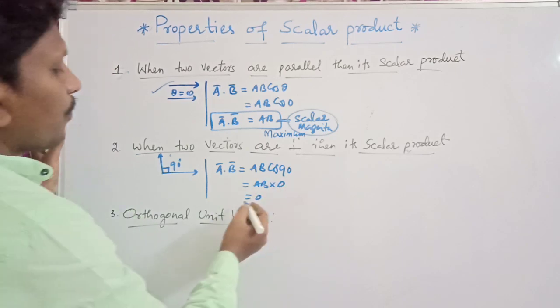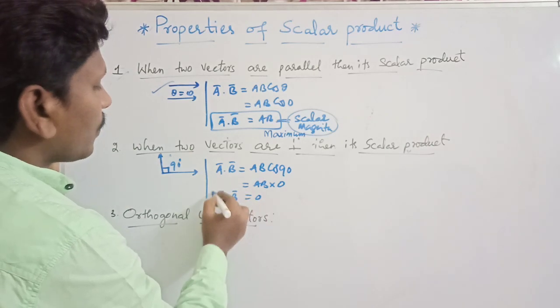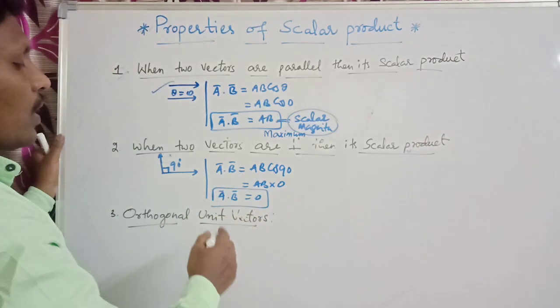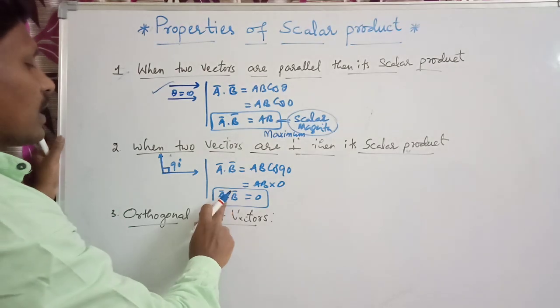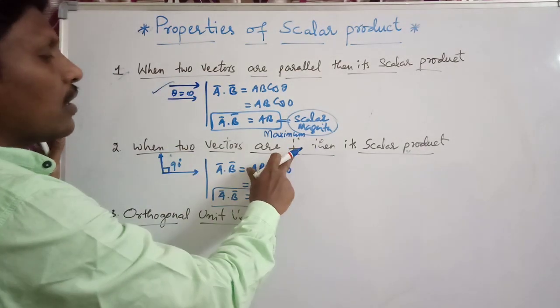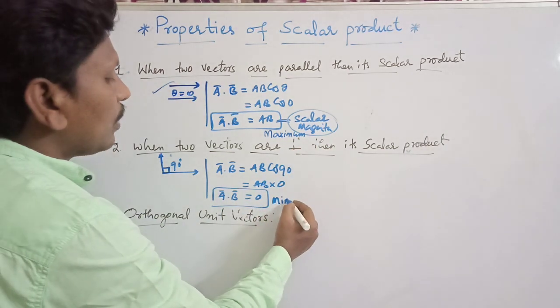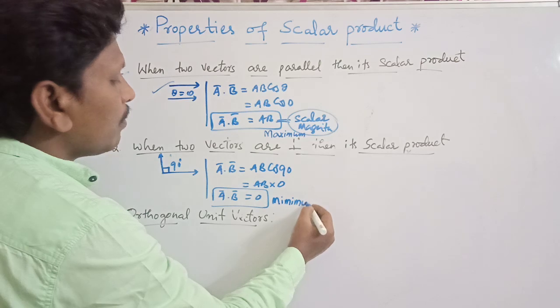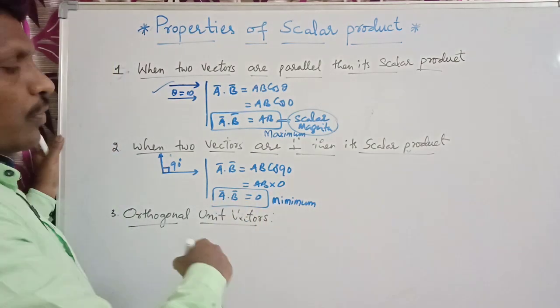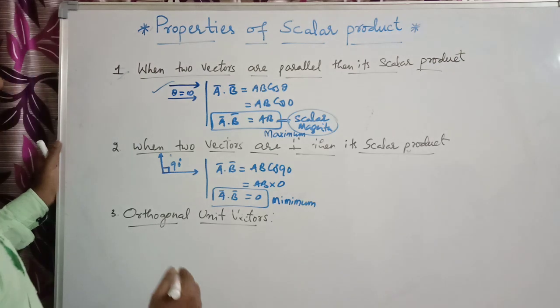So ab into 0 is 0. So a bar dot b bar is equal to 0. The dot product of the two vectors, when the two vectors are perpendicular or normal to each other, gives a minimum value or 0. So this is how we can simply understand the properties.